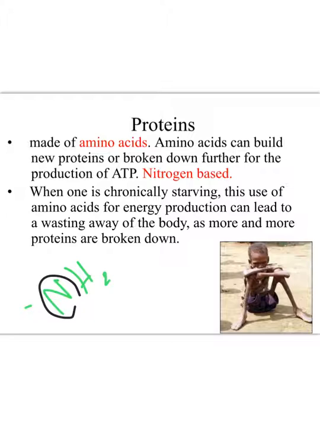Proteins can be broken down in case of extreme starvation, but the body really doesn't want to do that, because when the body breaks down protein, it releases nitrogen. Nitrogen at a high enough level can be toxic enough to cause coma and death. That would be ammonia toxicity, and you'll see that in cases of liver malfunction.